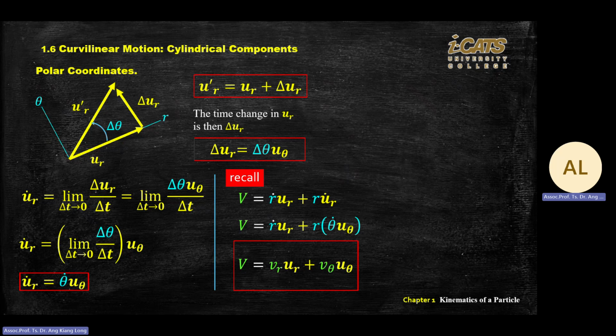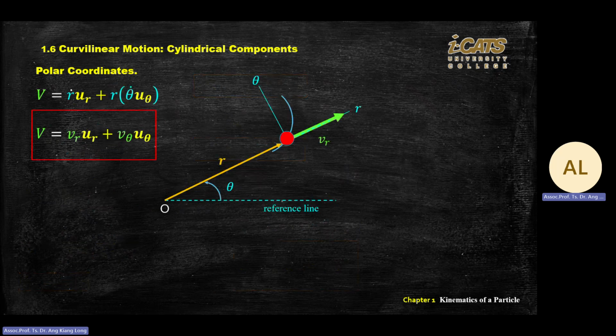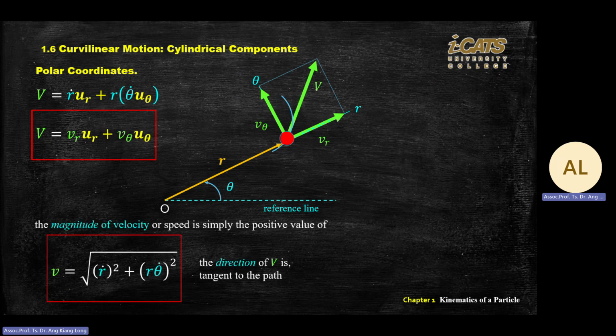The rest you differentiate, you get acceleration. You differentiate the V, you get acceleration. So I will skip this one. This is what you need to memorize if the question asks you about cylindrical components: this bracket equation plus the magnitude. For magnitude, always take the front component squared, the behind component squared, then square root.